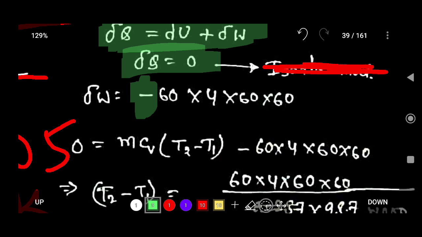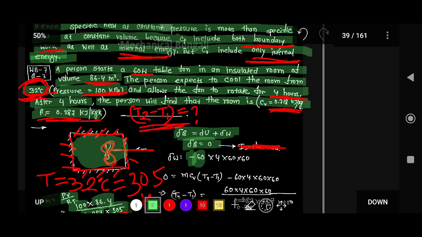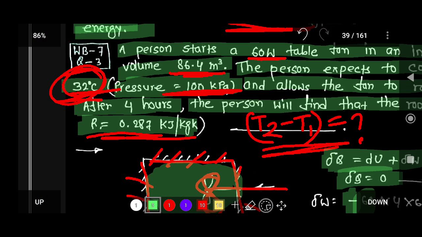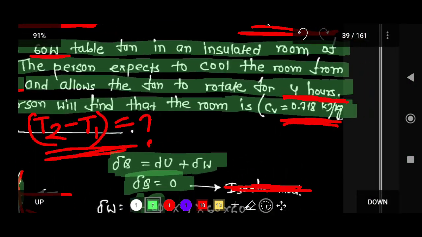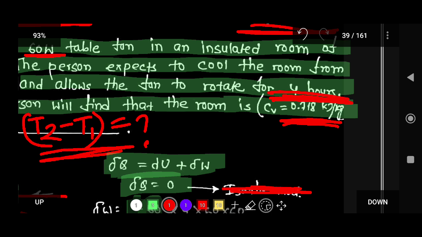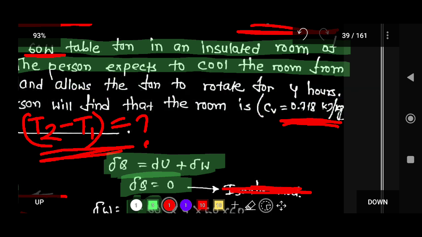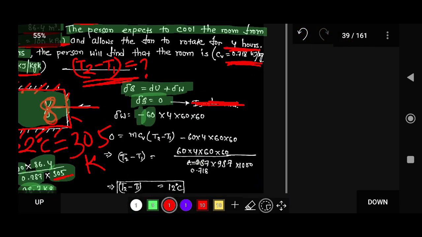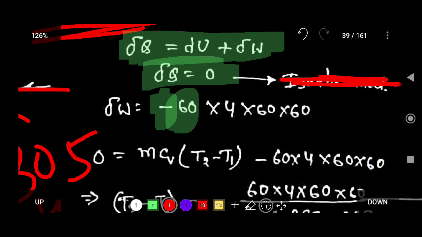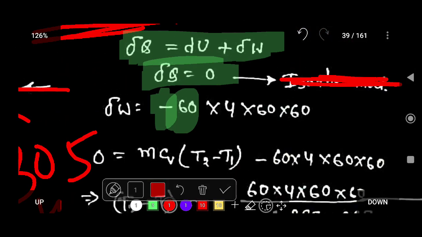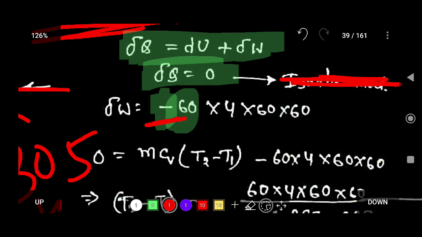The 60 watt means 60 joule per second, and the fan is rotating for 4 hours. From here you can find the value of del W. There is a negative sign because it is work into the system.